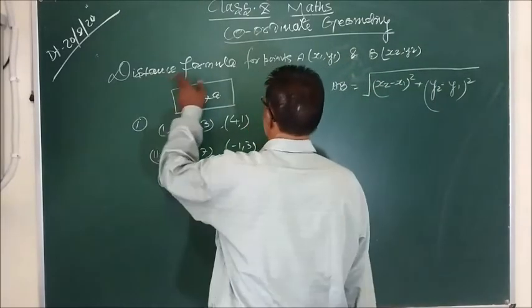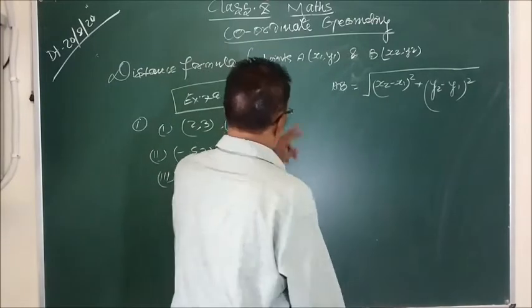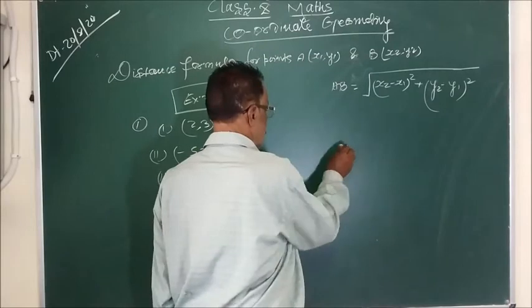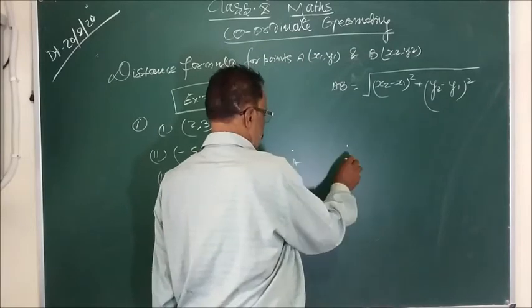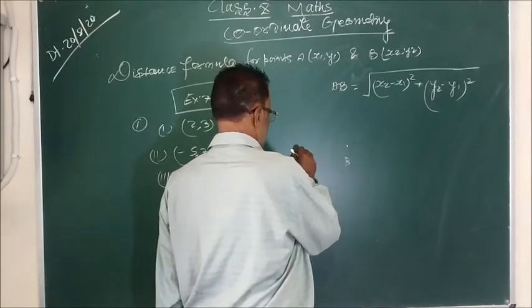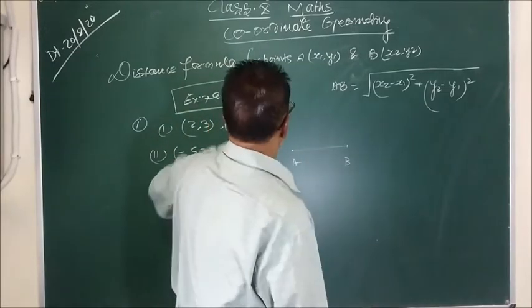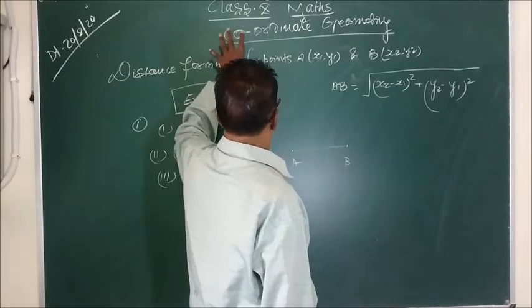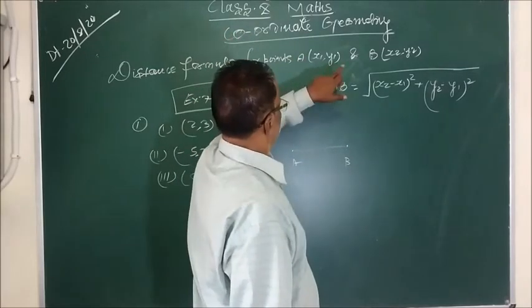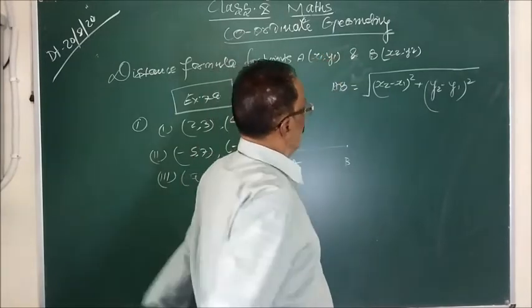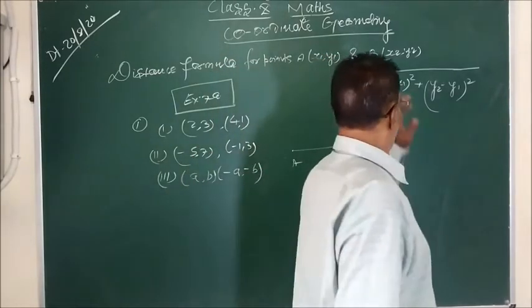Now you see the distance formula. Suppose A and B are 2 points. What is the distance between these 2 points? For points A and B, coordinates of A are x1, y1 and coordinates of B are x2, y2.